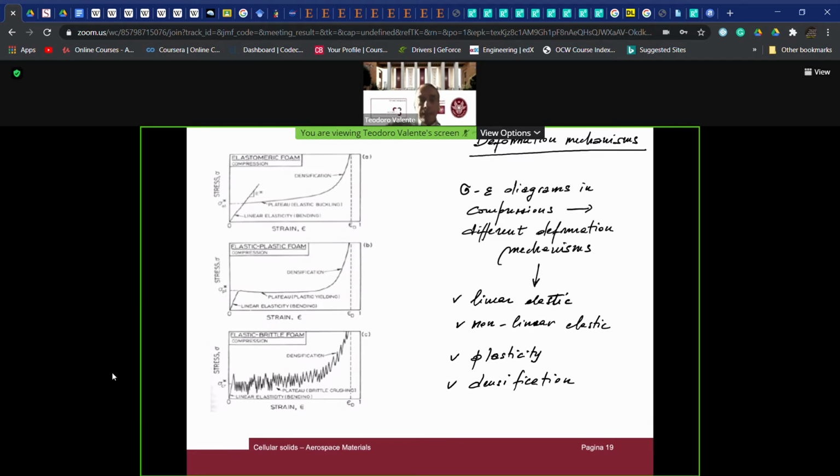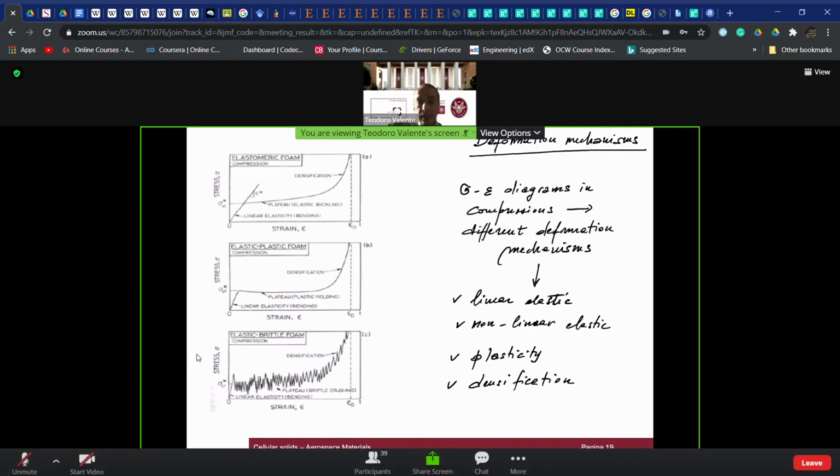Now, in this case, what we can see, first of all, is again the first part of the stress-strain diagram in which the linear elastic response is going to be the response of the materials itself.